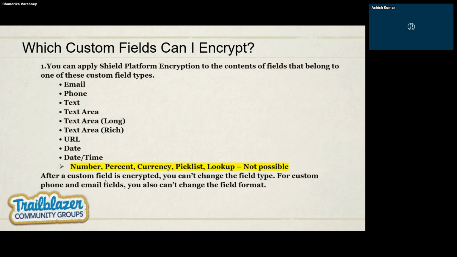If you try to apply encryption on a number field, percentage, currency, picklist, or lookup, encryption is not possible. There is also one limitation: once you apply encryption on a custom field, you can't change the field type of that field.